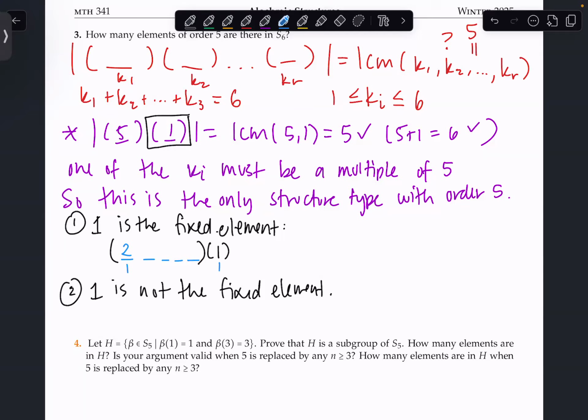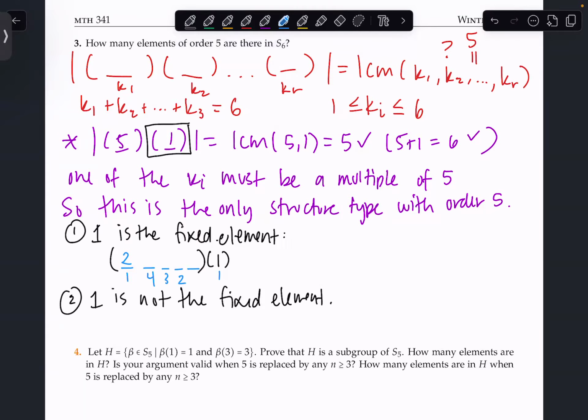And now how many choices do I have for what 2 gets mapped to? I have 4, right? I'm starting with S6, and I just said it can't be 2 and it can't be 1. So I only have 4 options, and I can see by the dotted lines how many more I have left. So I have 4 options for the next one. How many for the third?